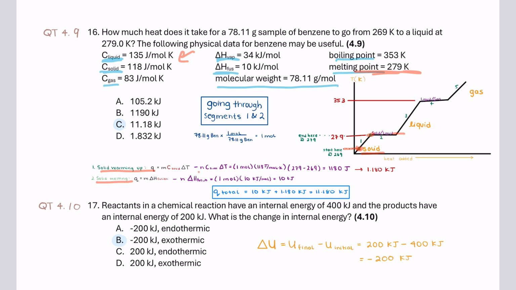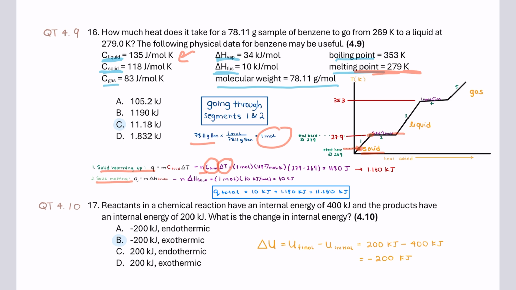Q is equal to n multiplied by the specific molar heat capacity multiplied by delta T. That is going to be more convenient here. So we're told we have a sample with a mass of 78.11 grams of benzene. And then benzene's molar mass is also 78.11 grams per mole. So that's exactly 1 mole of benzene.